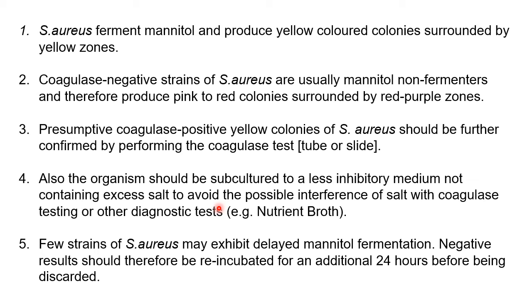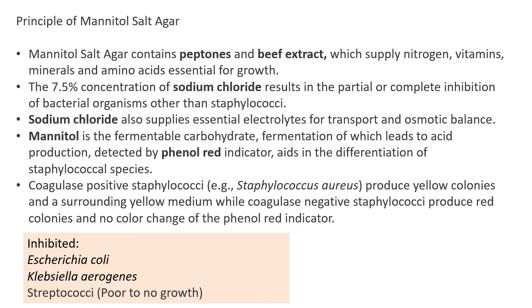You have to subculture it on a less inhibitory medium which has very low salt concentration, to avoid interference with the coagulase test. Now, a few strains of Staphylococcus aureus may exhibit delayed mannitol fermentation. Okay, it may take time. So negative results should be re-incubated for an additional 24 hours and then discarded.